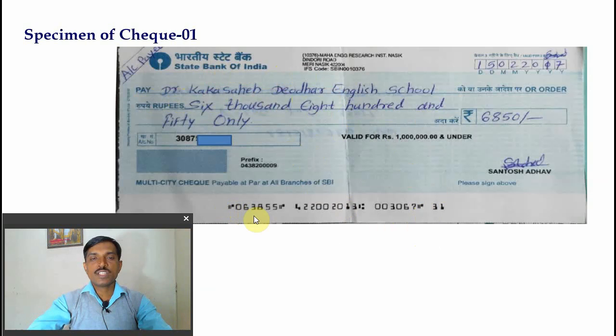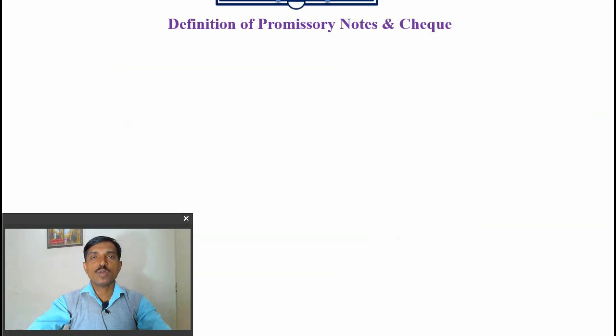The specific check number, the MICR code and the transaction ID are mentioned in the check. A specific format is made for the check, and with the help of these two specimens, we can distinguish between these two negotiable instruments, the check and the promissory note.